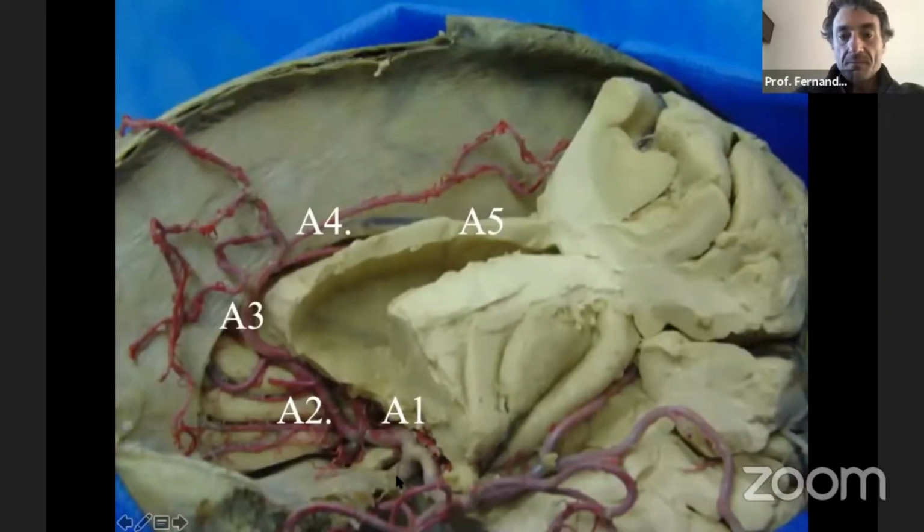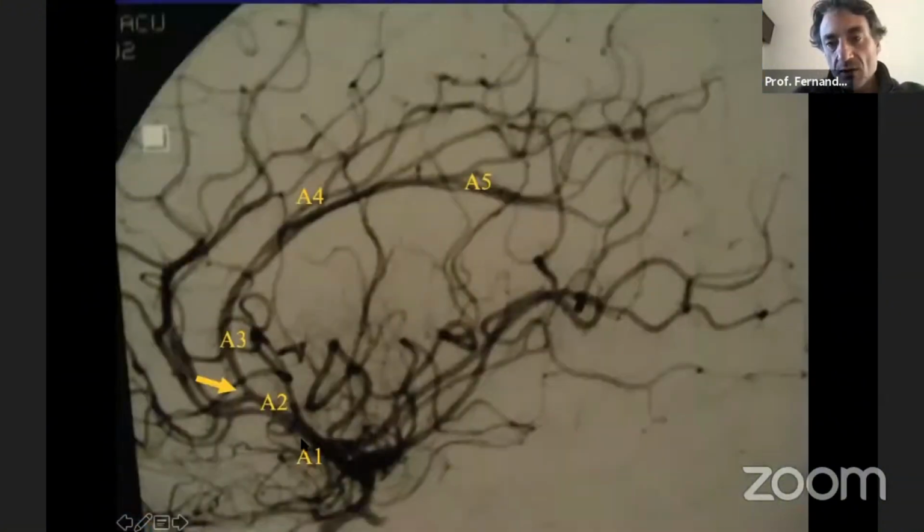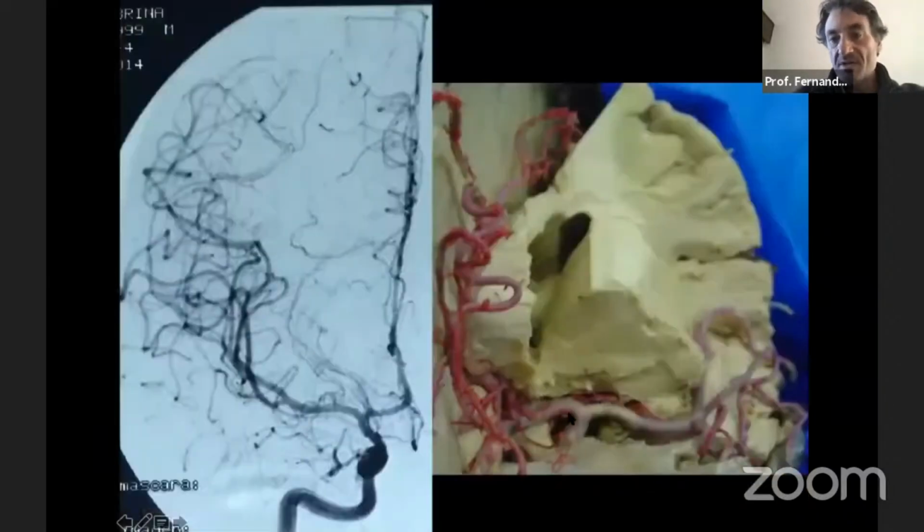Again, carotid artery, anterior cerebral artery. I want to tell you that it's very difficult to identify the A1 segment in arteriography in the lateral projection, because of the direction of the artery. We can see the A1 segment here, but it's very difficult to identify. It's very easy to identify the A1 segment in the frontal projection.